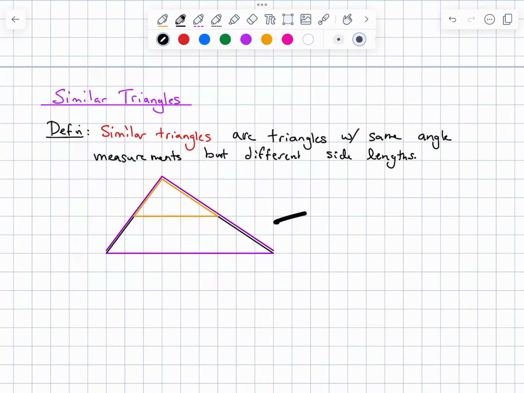So you can split this up into two different triangles. There's the orange one. I know it's not drawn to scale. It'll drive me nuts.